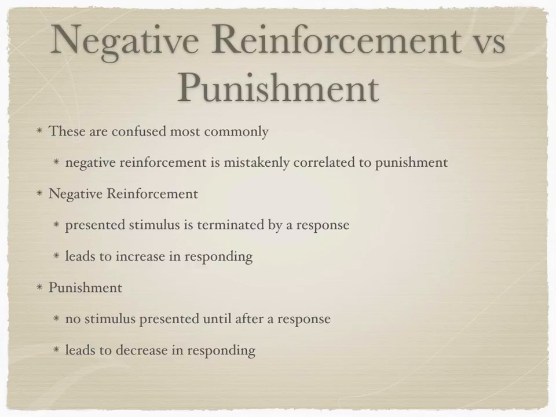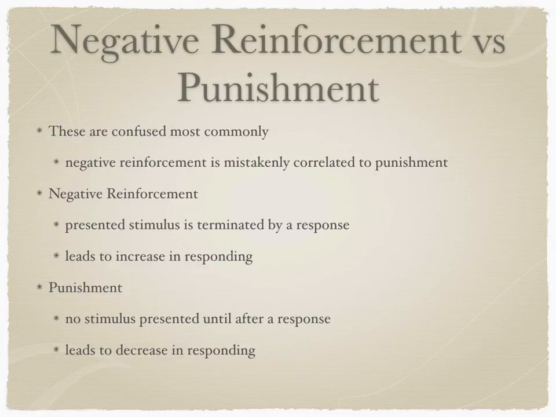And now I'm going to talk about negative reinforcement versus punishment, and these two terms are most commonly confused. Negative reinforcement is mistakenly correlated to punishment, and what they describe in the book is that we most commonly correlate negative and positive with good or bad.